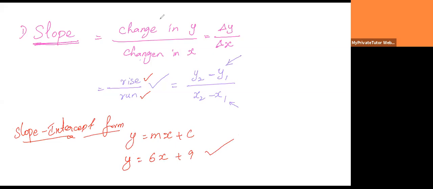If the graph or the points are given, you know how to find the slope. But if the equation is given, it's even simpler. You check what value is at the m position. That is the value of the slope. So here in this equation, the slope is plus 6.